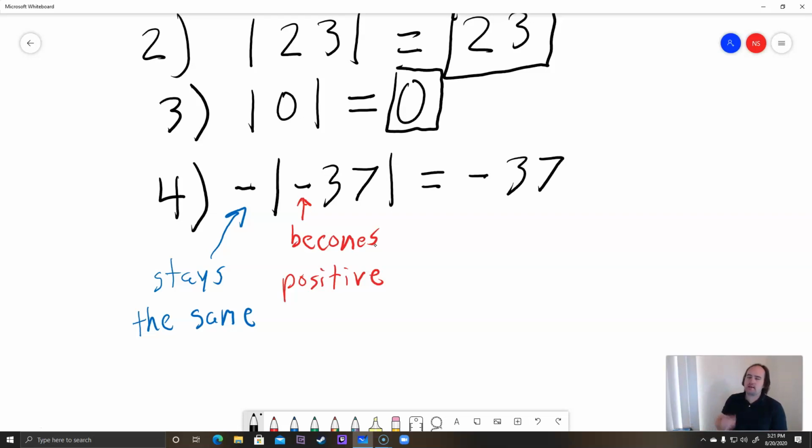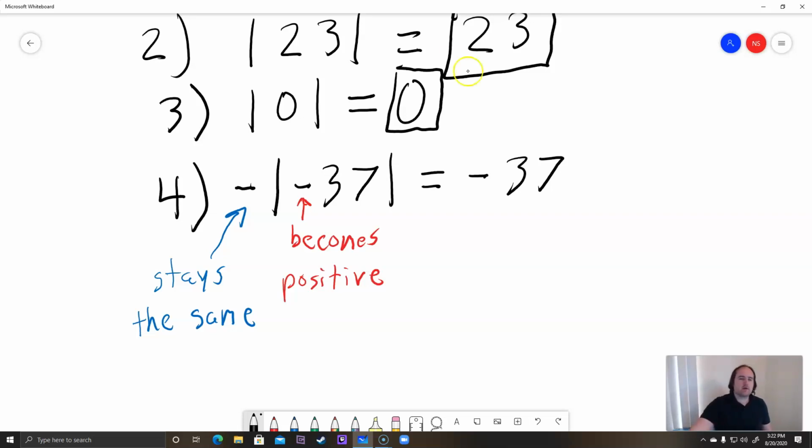I know I said absolute values are always positive, which is true, but here we got positive 37 on the inside, and because there was a minus outside the absolute value at the very end, that makes it negative of positive 37, which is negative 37.